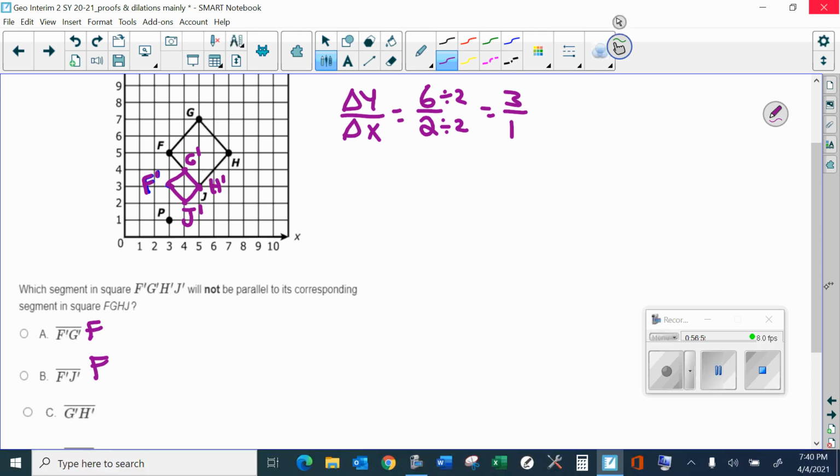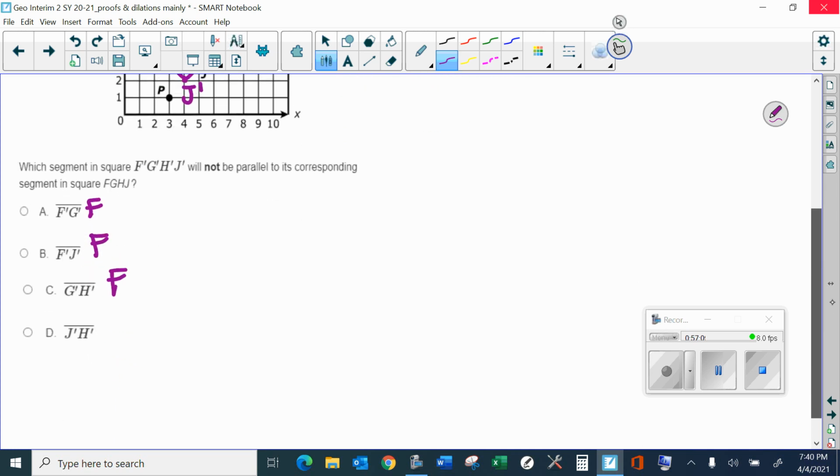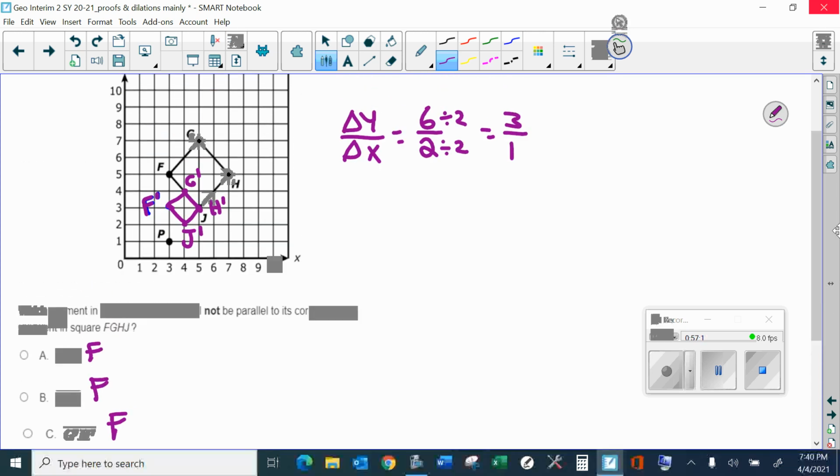Here, down to right to GH, yeah. That's right. That's a slope of -1. J prime H prime. Slope of 1. And this JH is also a slope of 1.